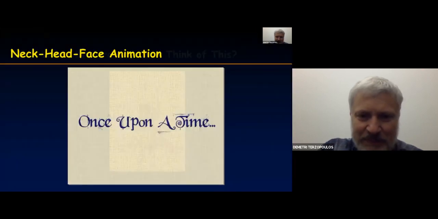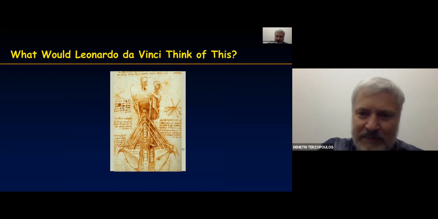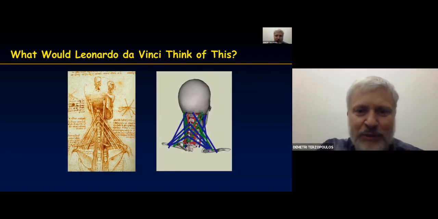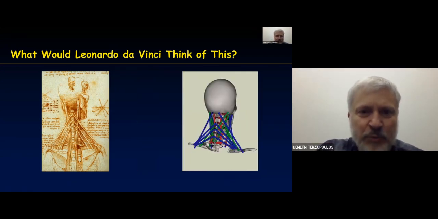So that was our teaser. But you can kind of see our model next to a sketch by Leonardo da Vinci back in the 1500s, where he was obviously studying the anatomy of the human neck. And that was his sketch of the primary muscles in the neck.